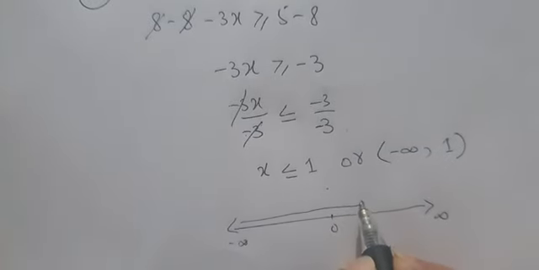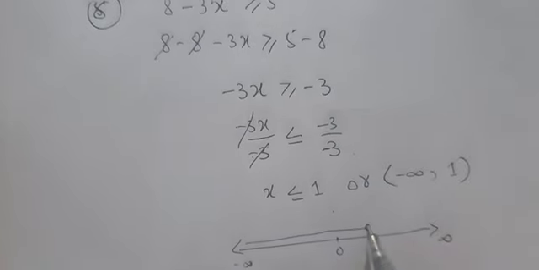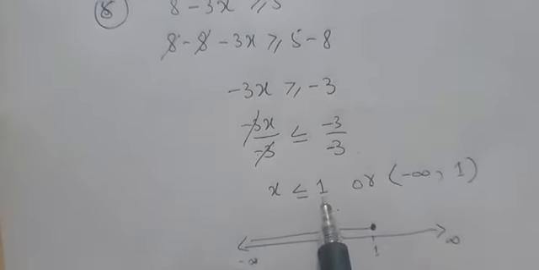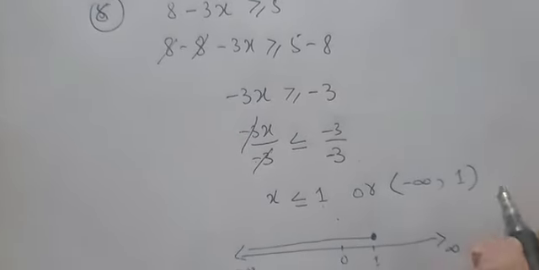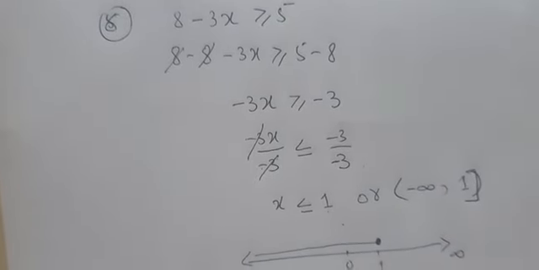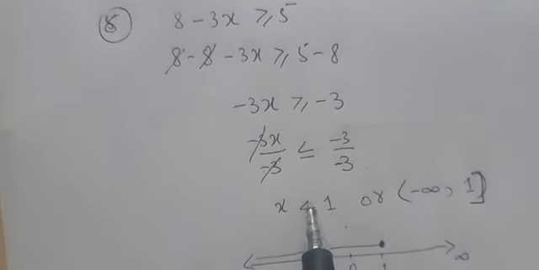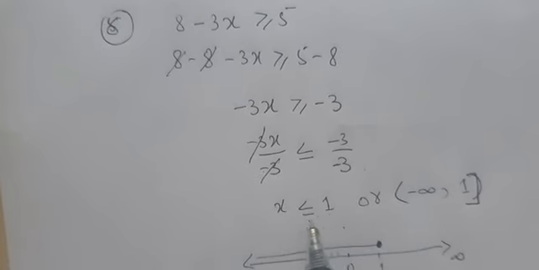So here we will have this number 1, and this time we will fill this circle because this 1 is included in this interval. Excuse me, I'm really sorry, we will use these brackets here. Now you have seen that if we have this sign, less than or equal to, here we have the equality sign.